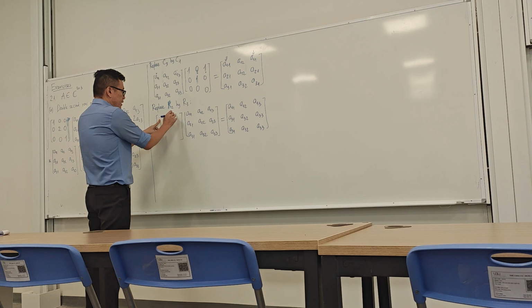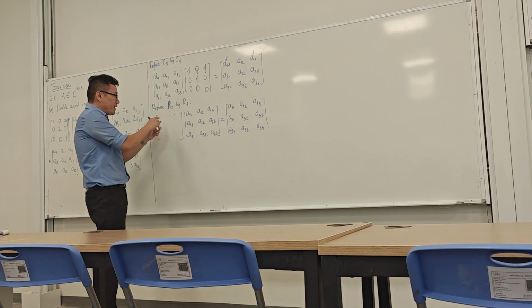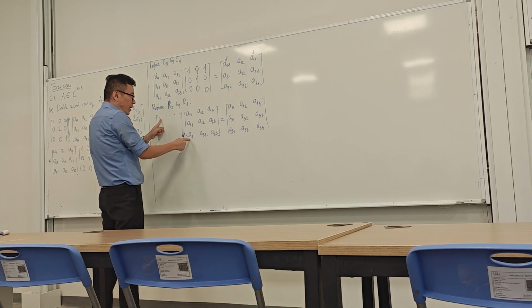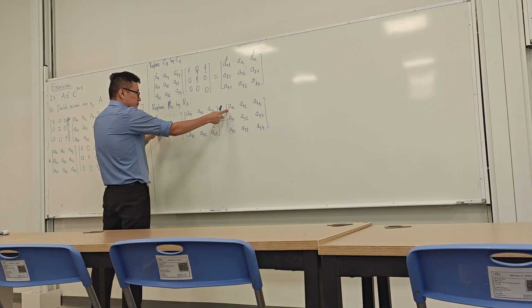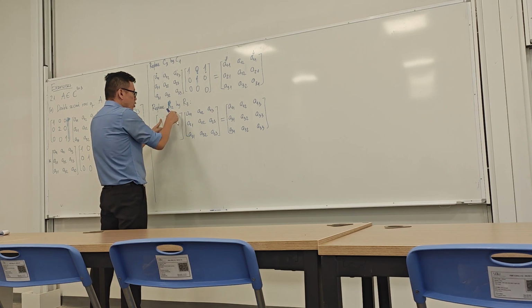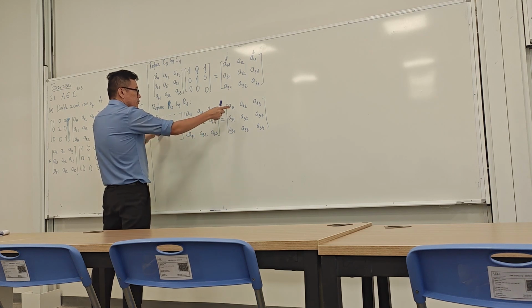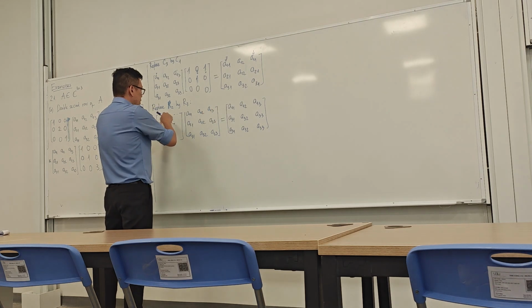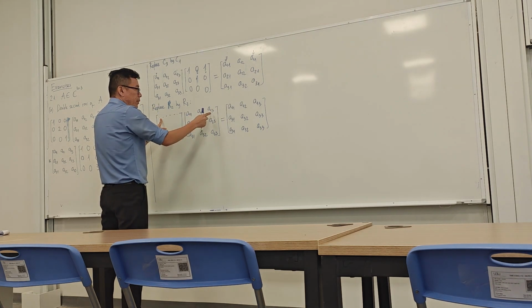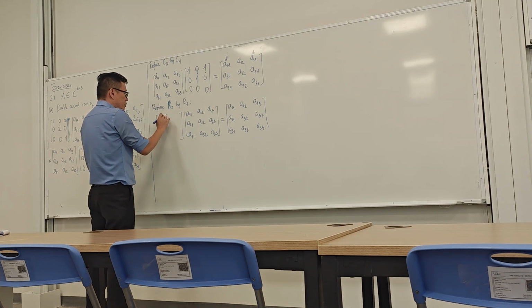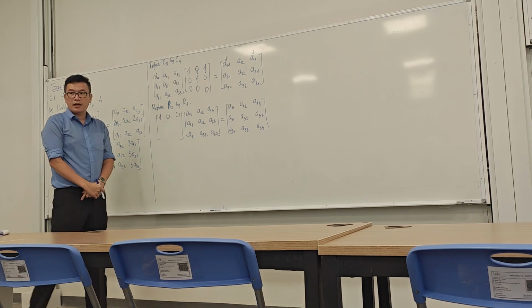Now I consider the row. This row multiplied with this column gives A11. This row with this column gives A12. This row with this column gives A13. So maybe this is 1, and 0, 0. Can you see that?